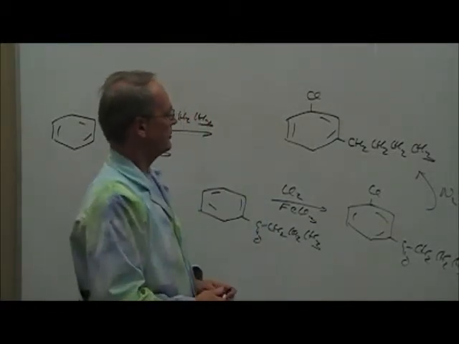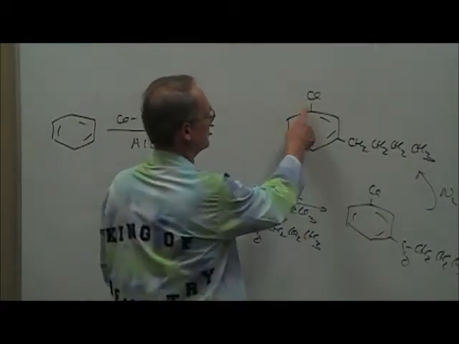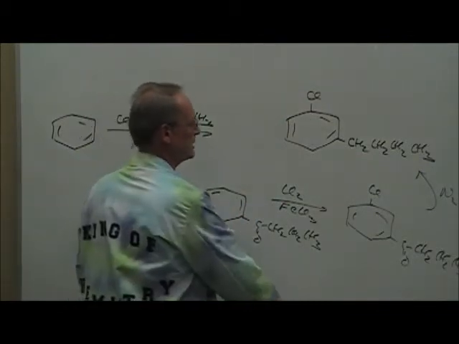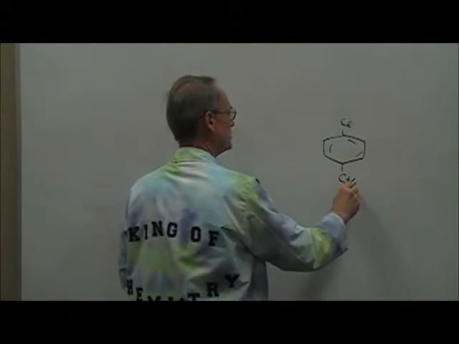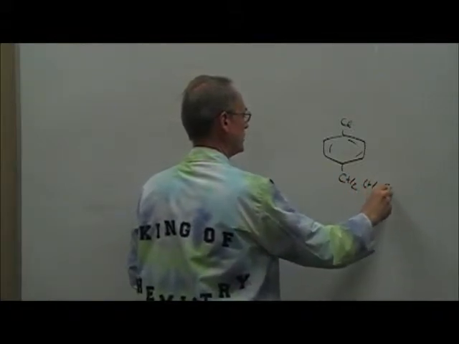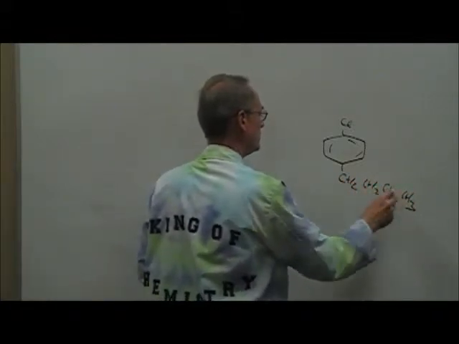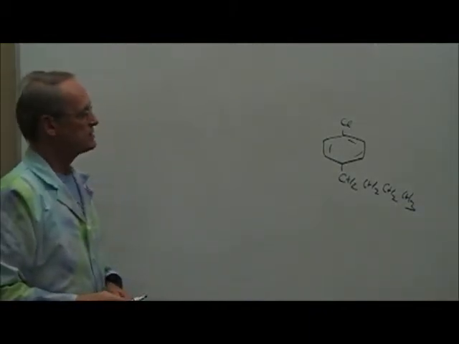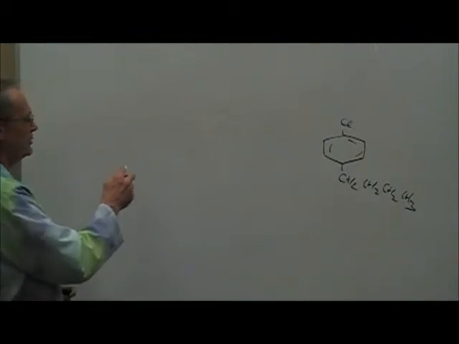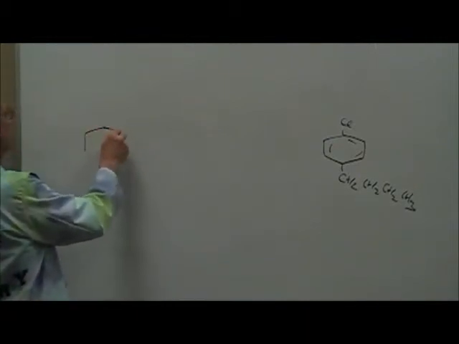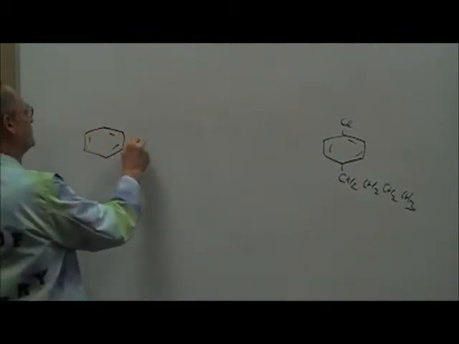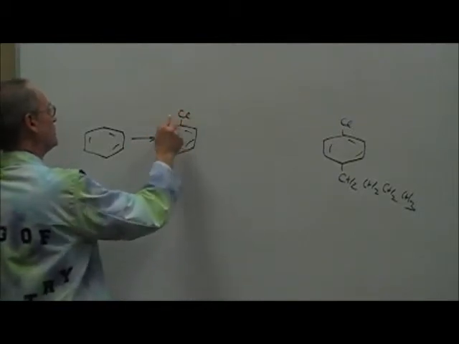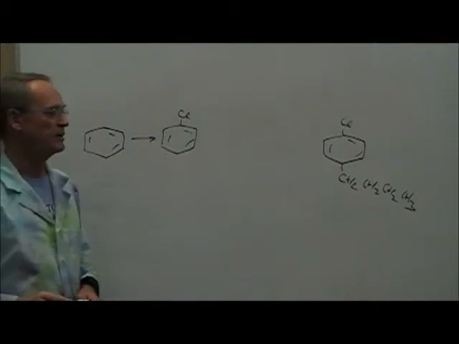If, on the other hand, we wanted these two groups to be para to each other, we would start with chlorination. In fact, let's do that synthesis. We want to prepare para-chlorobutylbenzene. How might we do that? Well, it seems to me the best way would be to start with chlorination. So start with benzene, chlorinate it, again we'd use Cl2 and FeCl3.